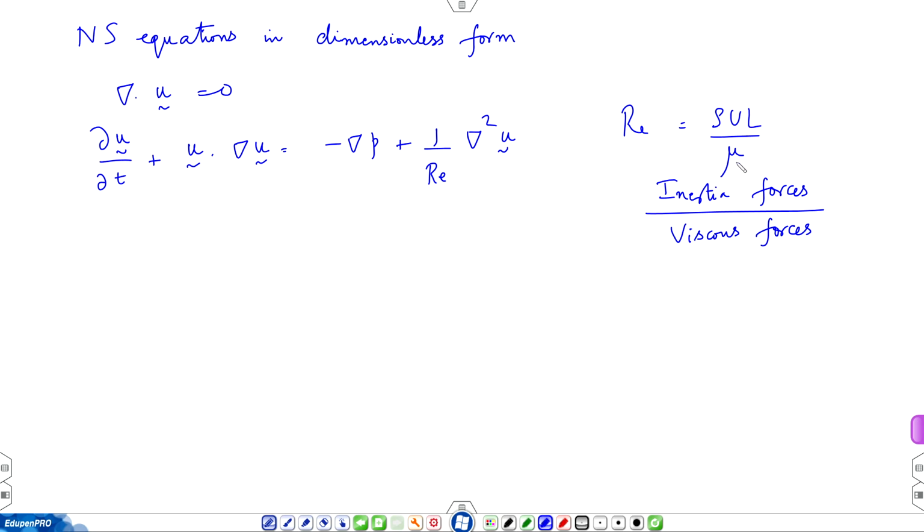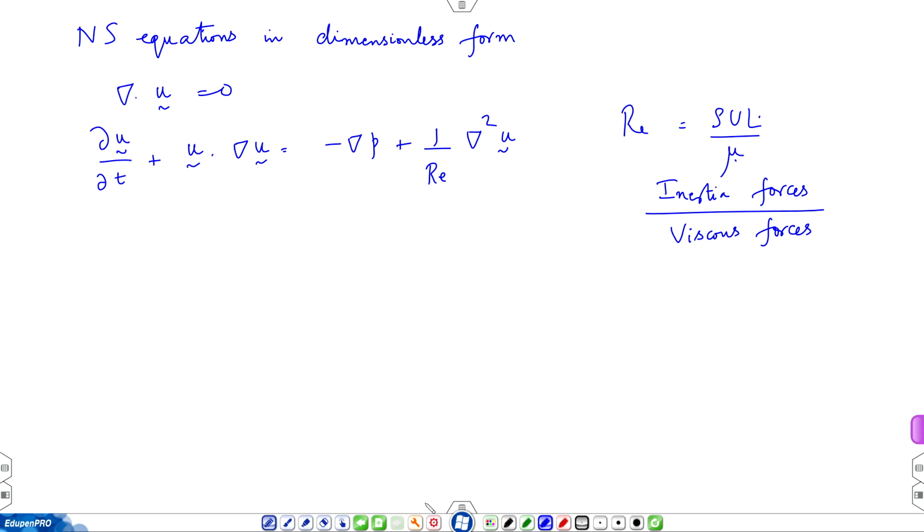In gases viscosity is very small, so in gases the Reynolds number will tend to be very large. Your length scale, if you are talking about flow over an aircraft, could be 10 meters. But if you are talking about flow in a tube, it is maybe 10 mm to 50 mm, that is the diameter.